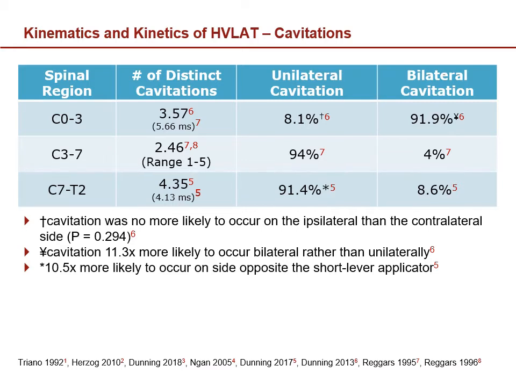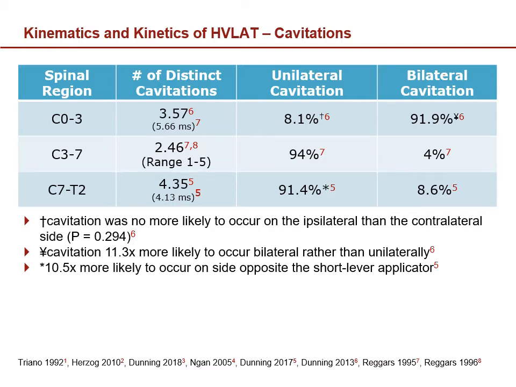What is not specified is whether it's ipsilateral or contralateral cavitations, but rather that the cavitations are occurring on a single side. And then you can see what I've denoted there with the symbols. So cavitation was no more likely to occur on the ipsilateral than the contralateral side, and this pertains to the unilateral cavitation for the upper cervical spine.